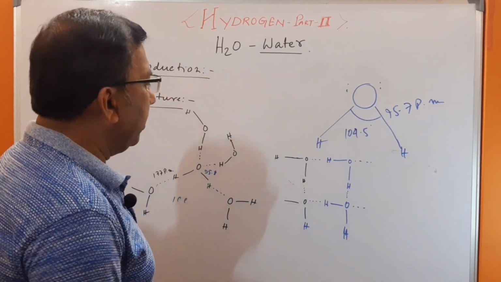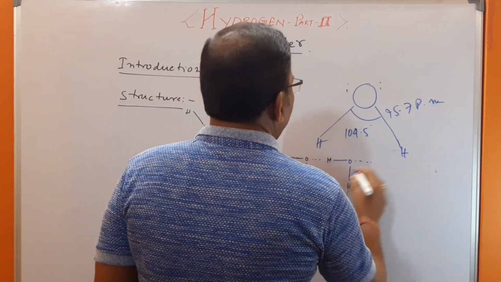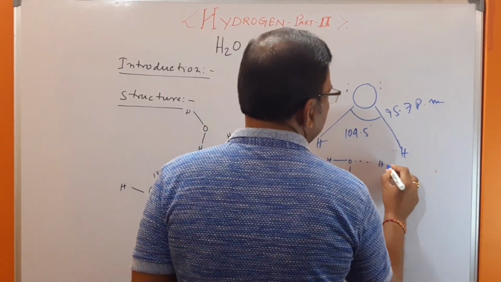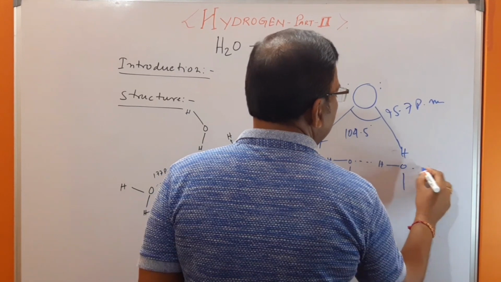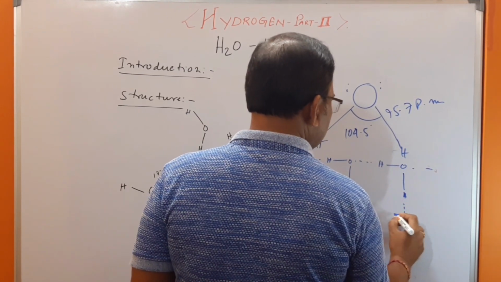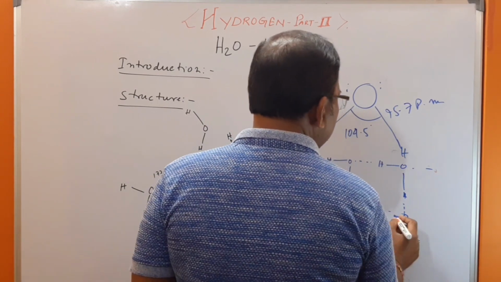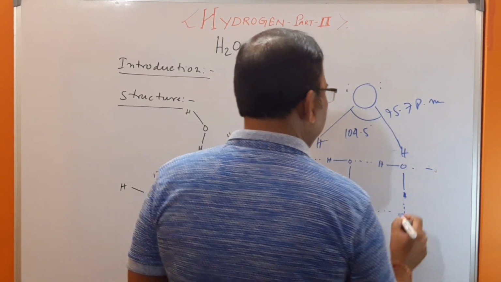See here, this is a cage-like structure. You give the hydrogen here. This will continue in this way.